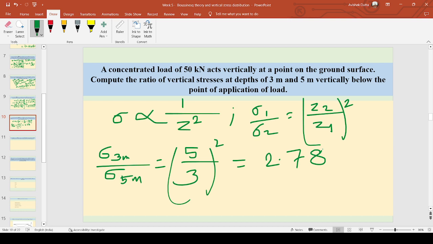I hope it was clear. We have to use a simple basic relationship between sigma and z, that is, sigma is inversely proportional to the square of depth. I'll go to the next question.